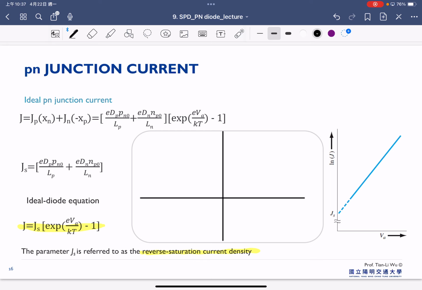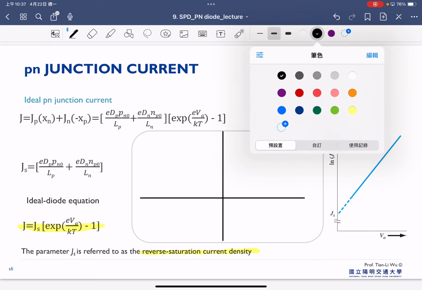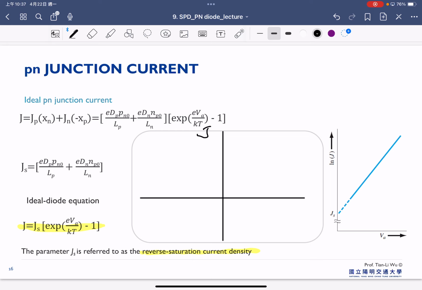So we have the current versus our applied bias here, and we have to apply a certain voltage. Once the voltage is larger than a certain voltage, we start to see the current increase exponentially. So J is equal to Js exponential eVA over kT minus 1.